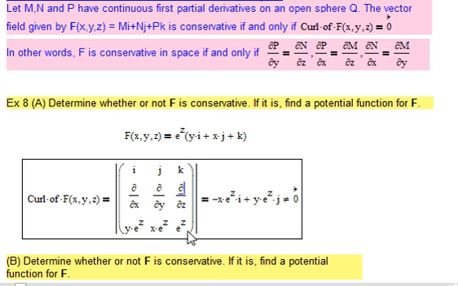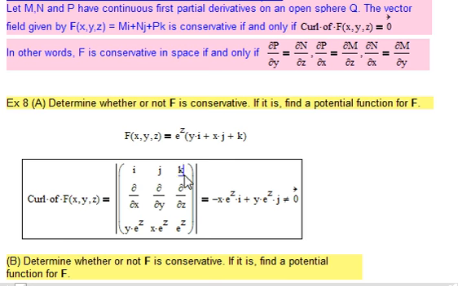I know they're not numbers, they're operators, but bear with me, it works. So it's going to be i times the partial of this with respect to y, which is 0, minus the partial of this with respect to z, which is going to be x e to the z. So it's 0 minus x e to the z, i, and then minus j times the partial of this with respect to x, which is 0, minus the partial of this with respect to z, which is y e to the z, and that was negative, and the j in this position would be negative, so they cancel each other out and make a positive.